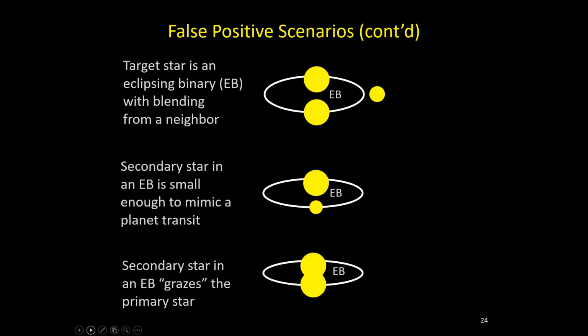Next. And finally, a case where the secondary star is grazing the primary star and it looks even more like an exoplanet. So all of these cases are ones that we amateur astronomers are looking at on our ground-based telescopes and providing data to NASA to help make the distinction about whether it's a false positive or a true exoplanet.